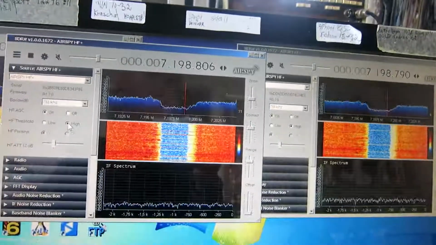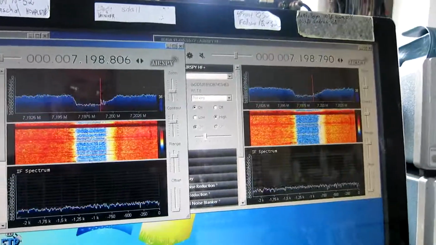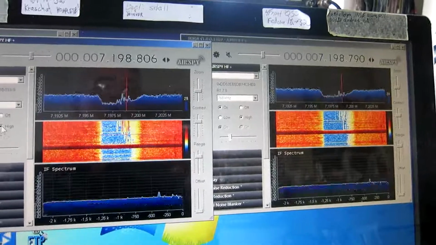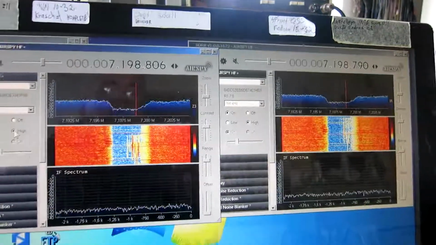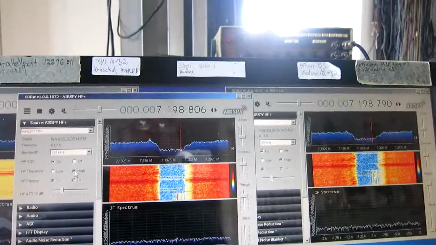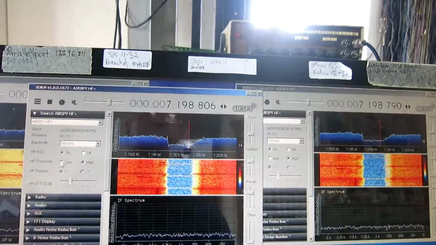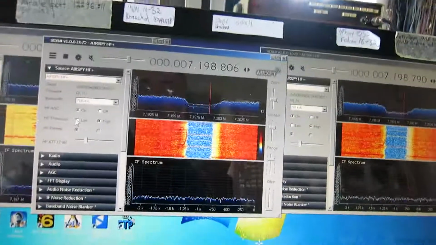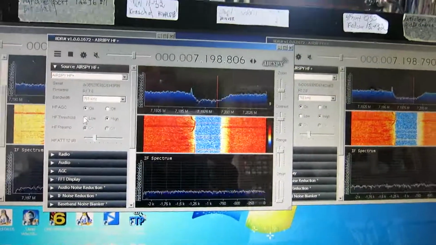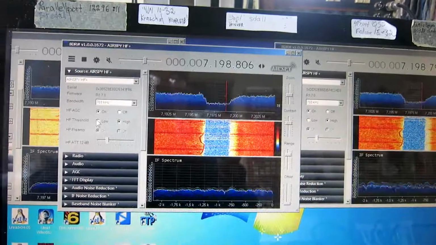And I can increase the antenna signal a bit here. And I can increase it even more, 10 dB more.